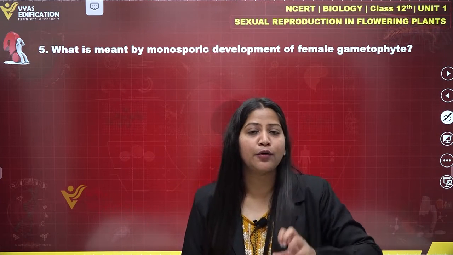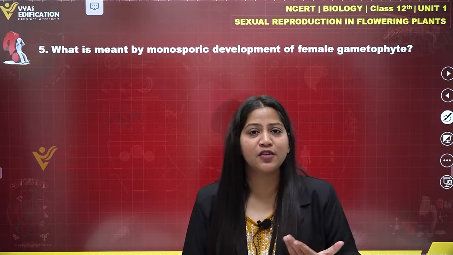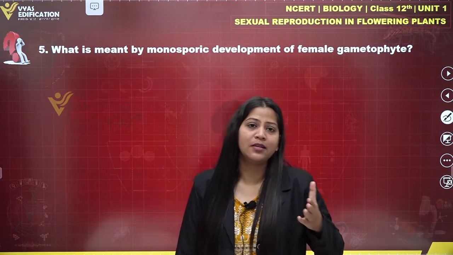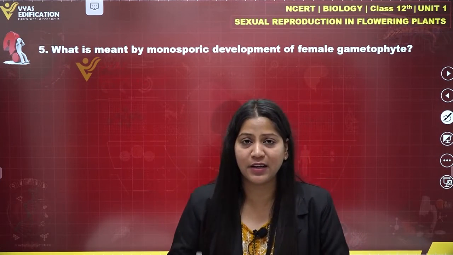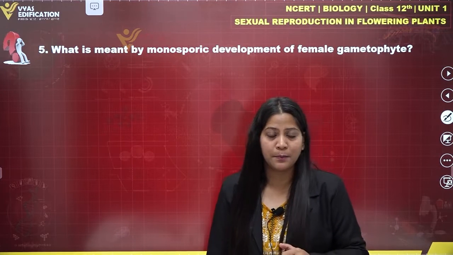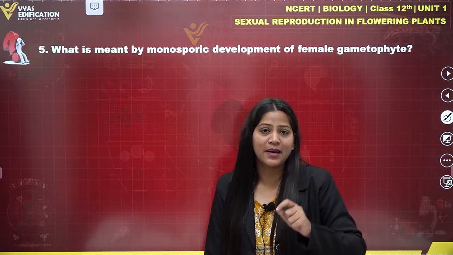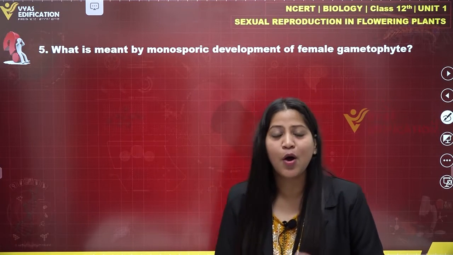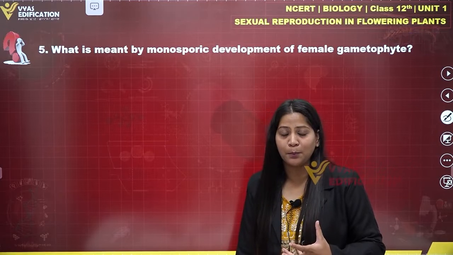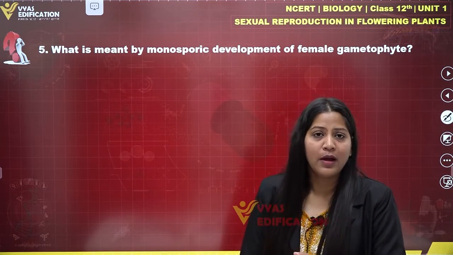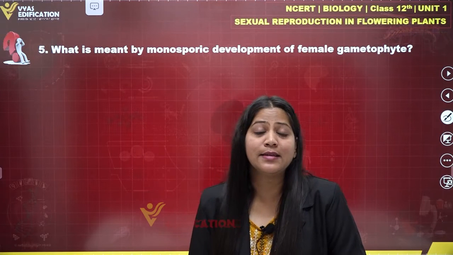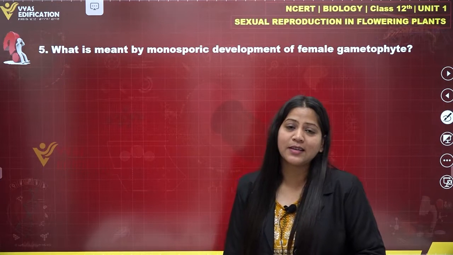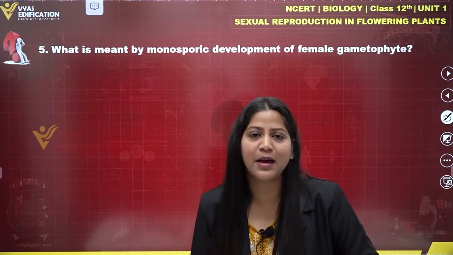Among these four cells, one megaspore remains functional and three of the tetrad degenerate. That one functional megaspore undergoes three simultaneous mitotic or equational divisions to form 2, 4 and then 8 nucleate and 7 cell structure, which is known as the embryo sac. This embryo sac is known as the female gametophyte.